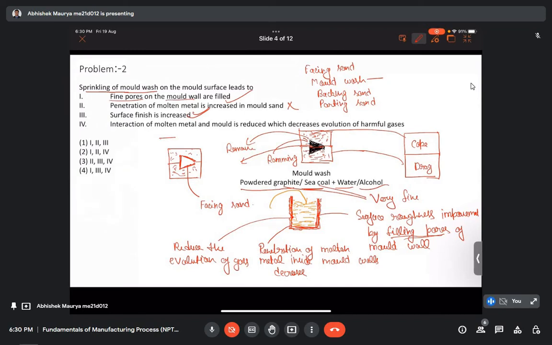Yes, in the last part we discussed that this is correct, because of the mold wash, the reaction between the molten metal and mold wall gets reduced, and that's why the harmful gas evolution is suppressed. So let's look at the correct answer. First, third, fourth. Okay, this one is correct.